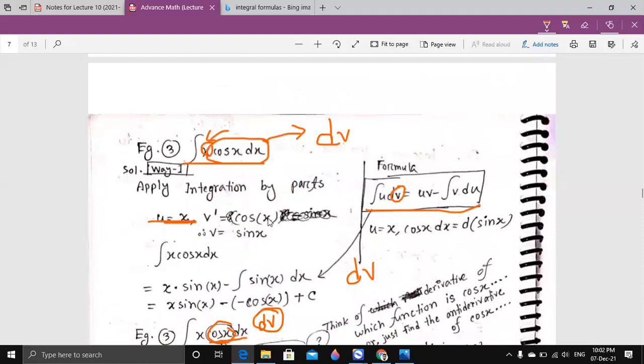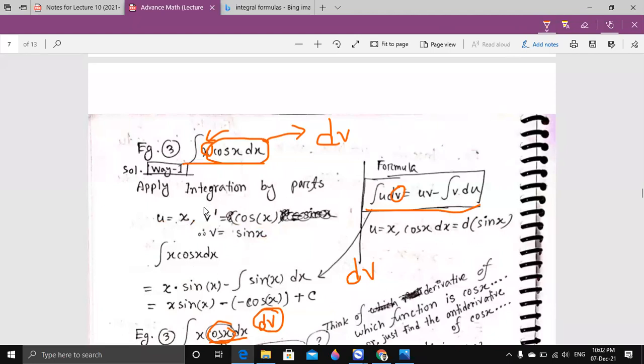We know that for that reason we have to make the integration. We have to find the integral of cos x. So you see here, v derivative is equal to cos x dx. So v will be sin x. That means I just take this integration sign on the right side. So I just take this derivative side from left to right, and it becomes integral sign.